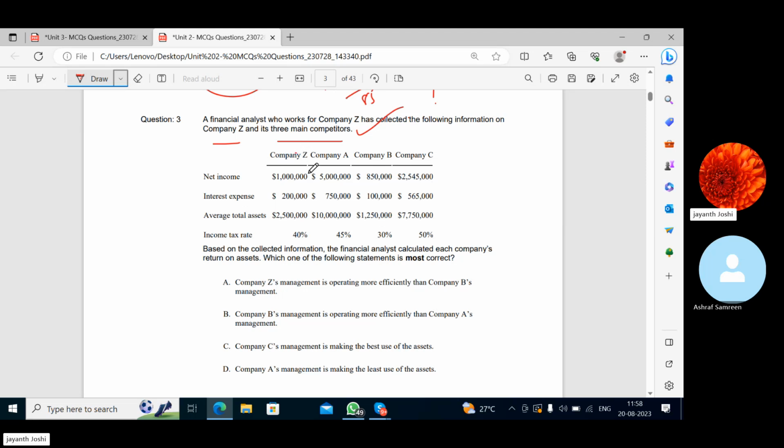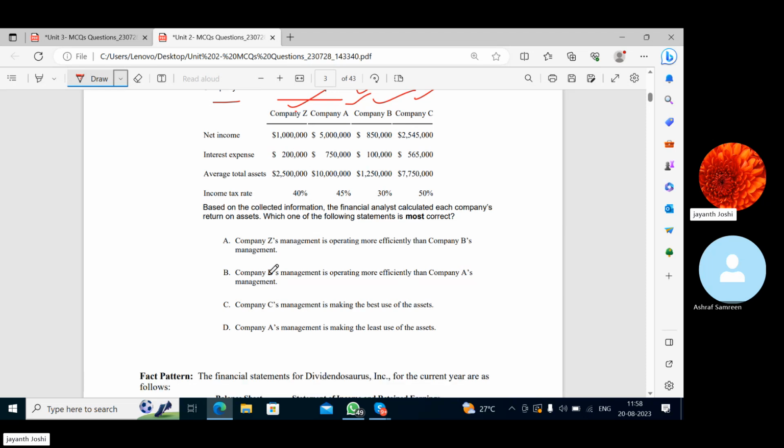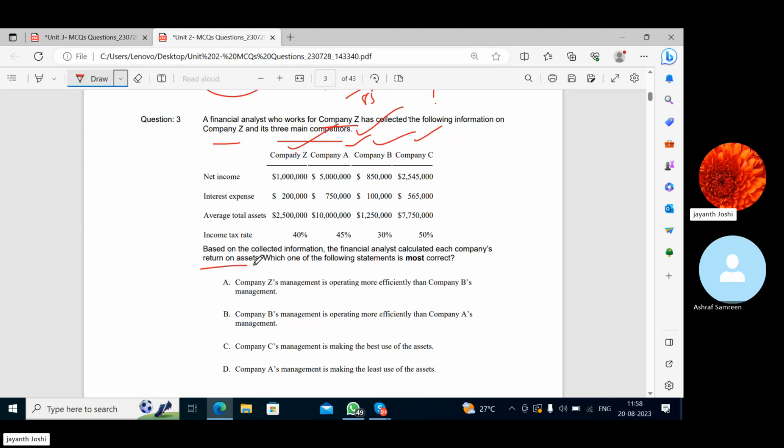The financial analyst is working in this company and has collected the following information on company Z and three competitors as well. Net income for company A, company B, company C, and all these things are given. Based on the collected information, the financial analyst calculated each company's return on assets. Which one of the following statements is most correct?